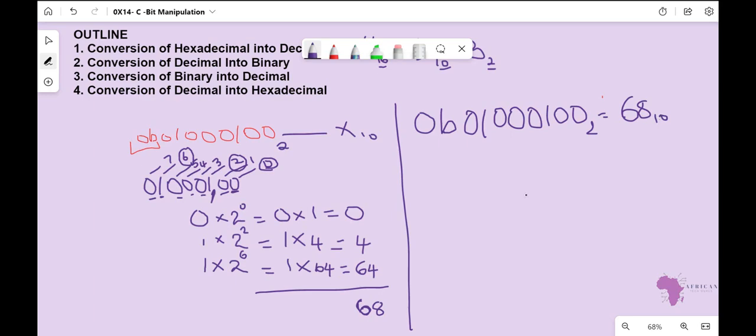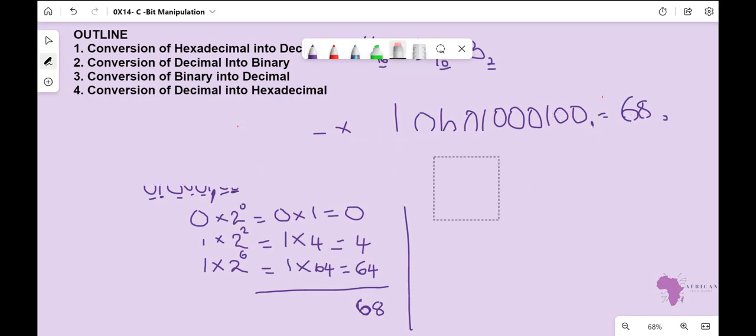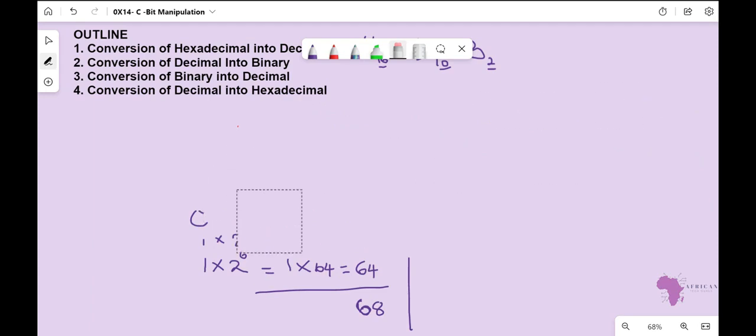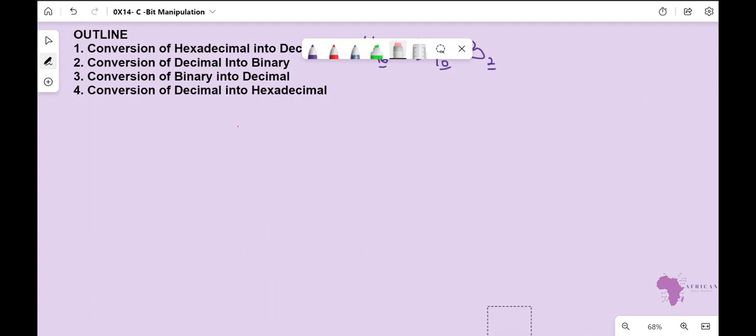Let's get into conversion of a decimal number into a hexadecimal number. So, conversion of decimal number into hexadecimal number. How can we do that? We are using the example that we had, which is 68.